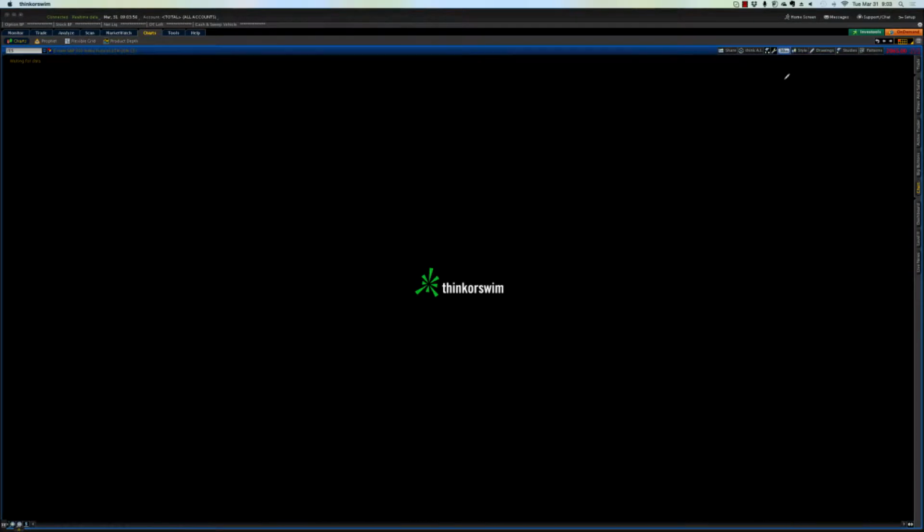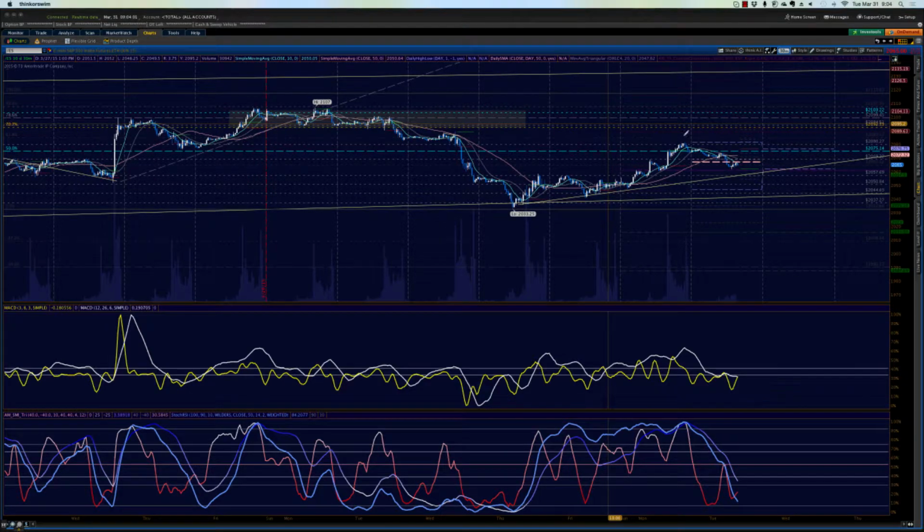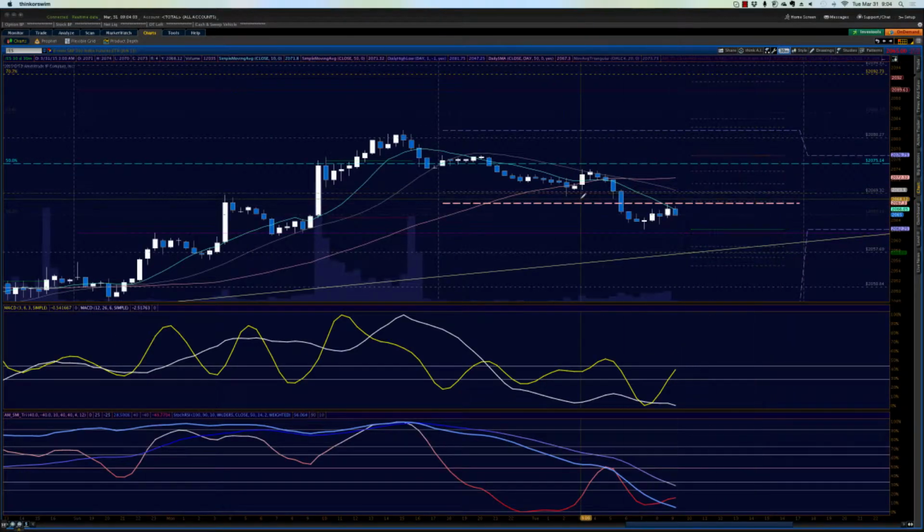Let's collapse all the way into the 30-minute and see what we've got going on. We see a coiling of the moving averages. We are sitting underneath these technical indicators, and we are rejecting the 50 on the daily. Lots of negative momentum on the 30-minute chart.